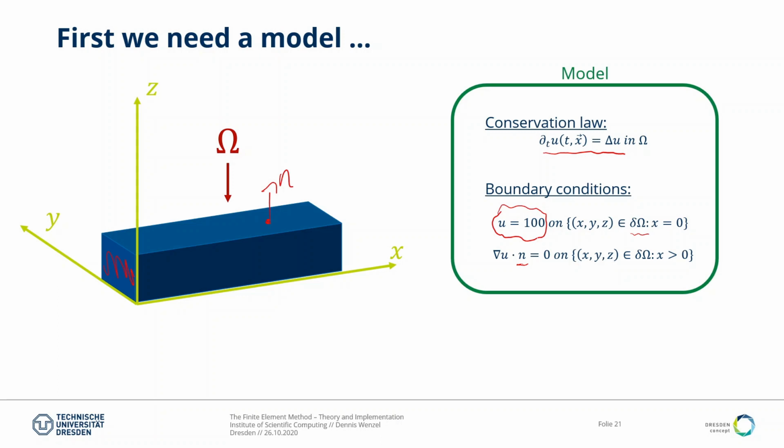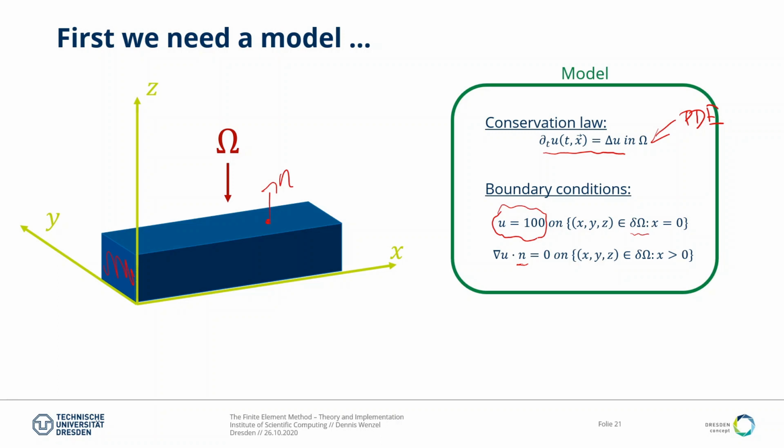Okay, so now we have derived a model, we have some partial differential equation, we have some boundary conditions, and we want to solve it. And here in this model, you see that there are different problems that we have to address.